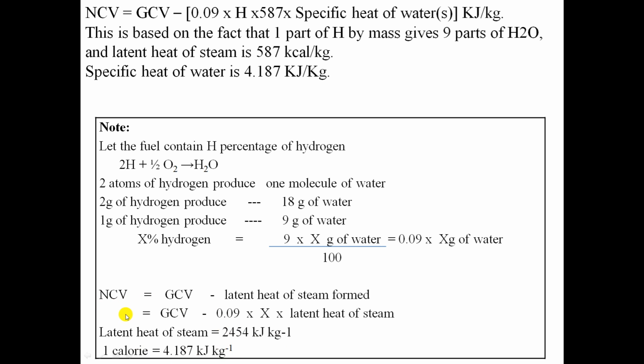Therefore, NCV will become GCV minus 0.09 into percentage of hydrogen into 2454, that is the latent heat of steam.